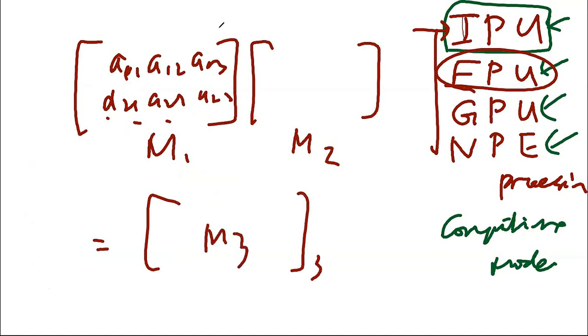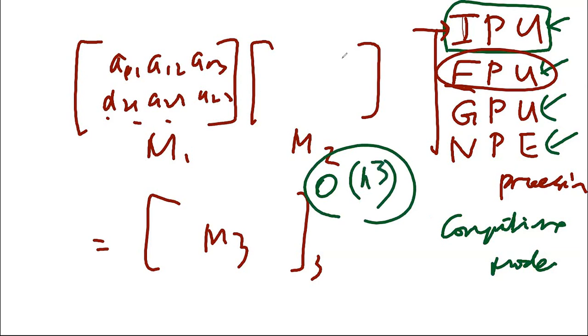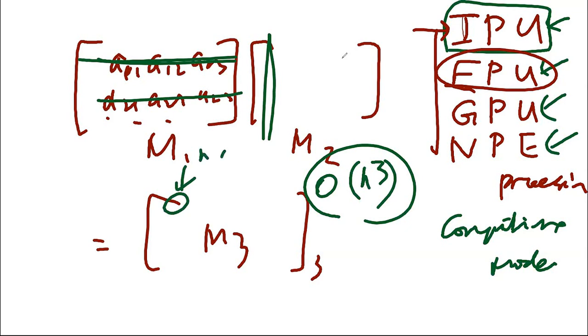What is the order of magnitude, growth, complexity? It's an n-cube operation. You do every single one, and each one actually has N by N by N, right? So it is an n-cube algorithm.